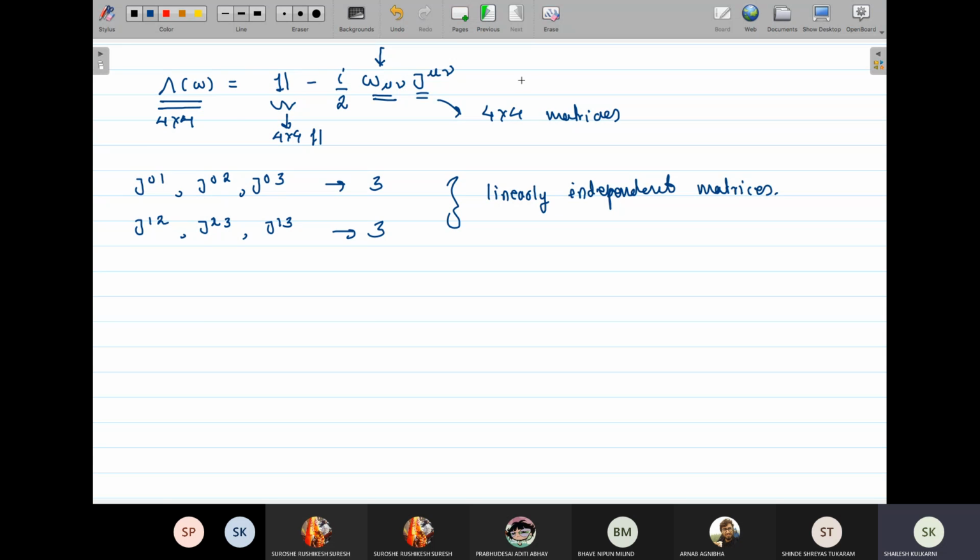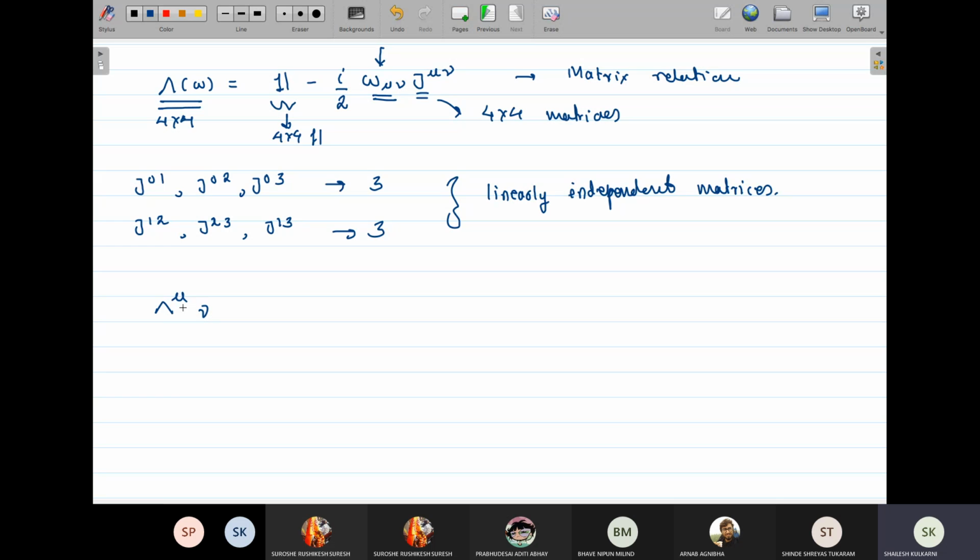Remember, this is a matrix equation, a matrix relation. If someone asks you what is the mu nu th element, the mu nu th entry of this, normally we write the Lorentz transformation as lambda mu nu, right?